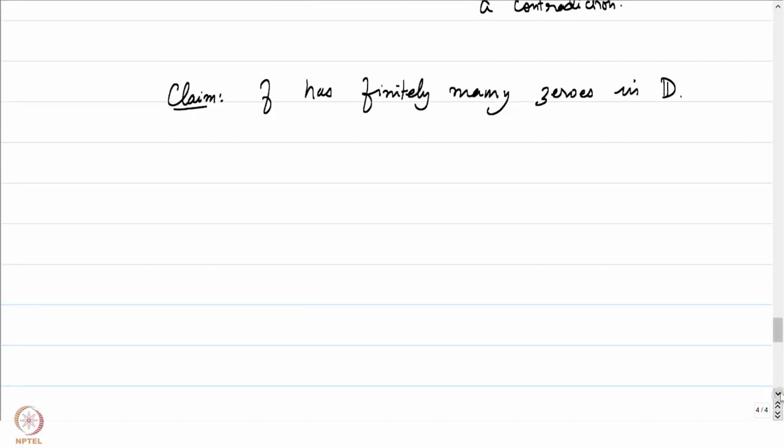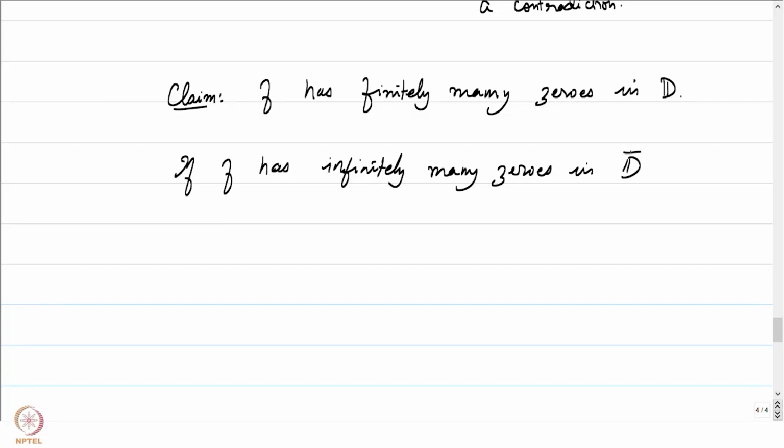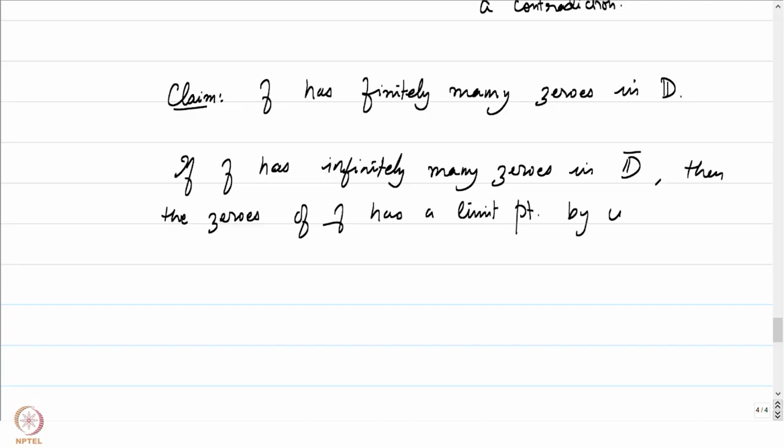So let me write that down. If f has infinitely many zeros in D, in particular in D bar, then the zeros of f have a limit point by compactness of D bar.